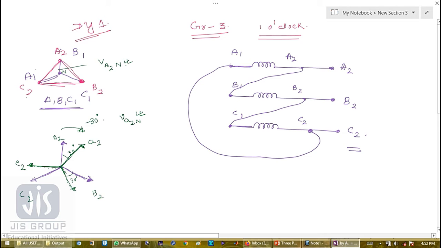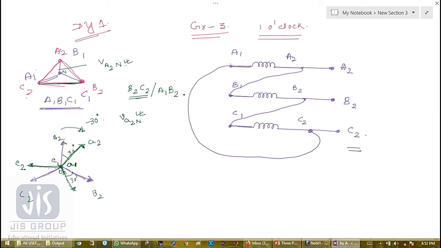In this figure, this is my line to line voltage, that is B2 C1, or we can say A1 B2, both are the same. And this is forming the A1 B1 C1 neutral point.